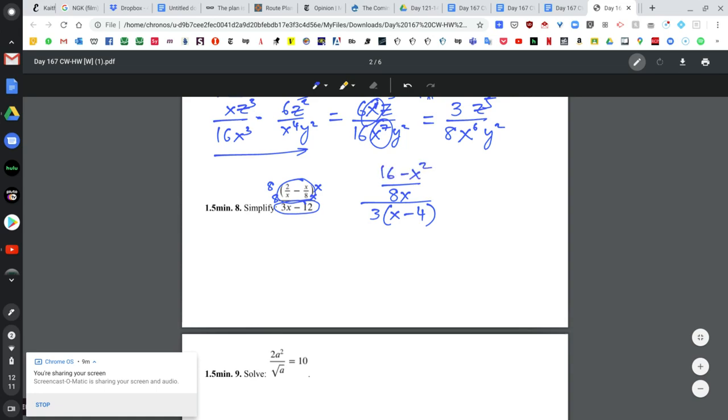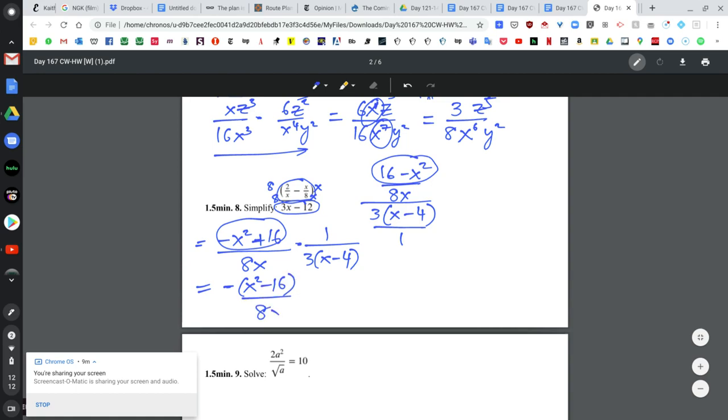Okay, we're not done. So we're dividing fractions, so we can multiply by the reciprocal. I'll do another thing. Can I write this in standard form? So it's negative x squared plus 16 over 8x times 1 over 3 times x minus 4. Slow and steady. Observe your algebra. And then over here, what could I do? Good habits. You can take out a negative. So it becomes negative, x squared minus 16 over 8x, times 1 over 3 times x minus 4.